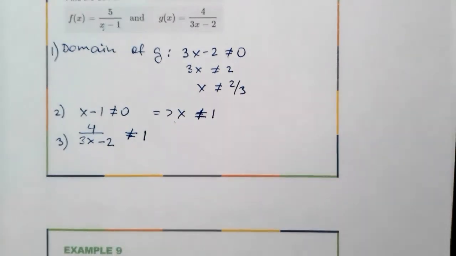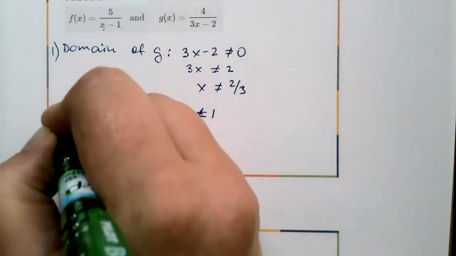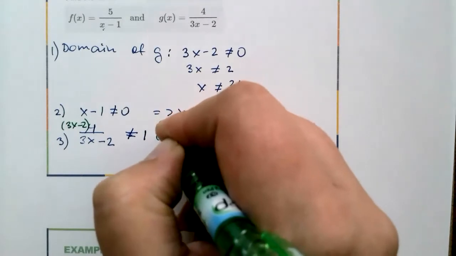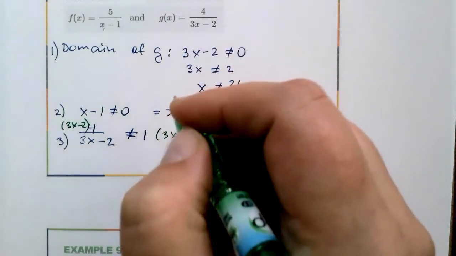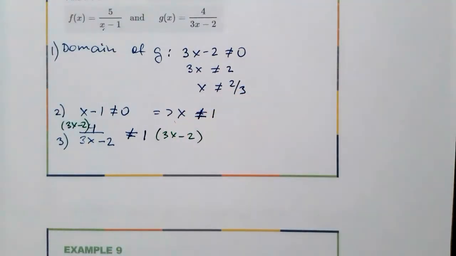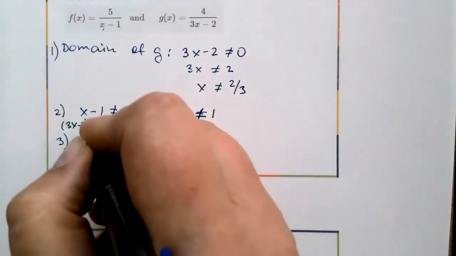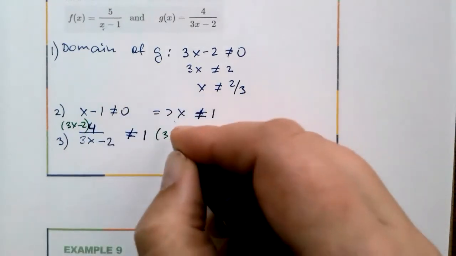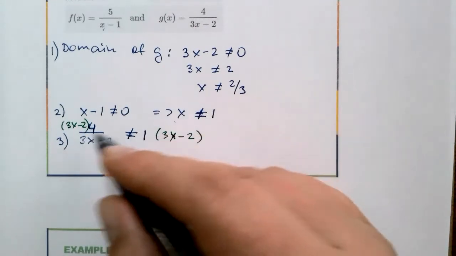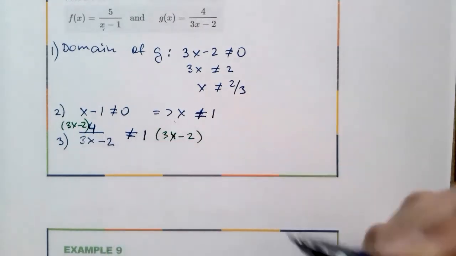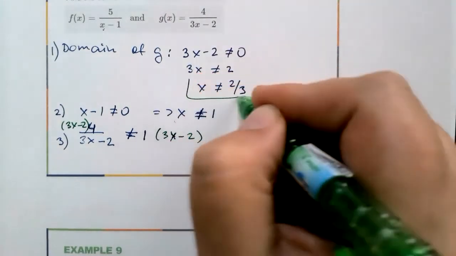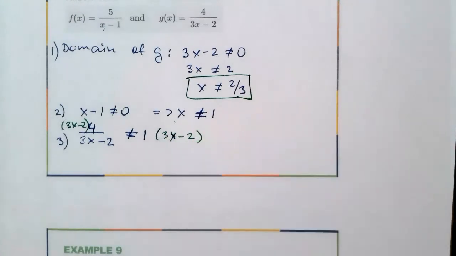Well, I will multiply the left and right sides by 3x minus 2. I'm going to assume that 3x minus 2 is not 0, making sure I'm not multiplying both sides by 0, and actually the domain of g ensures that.